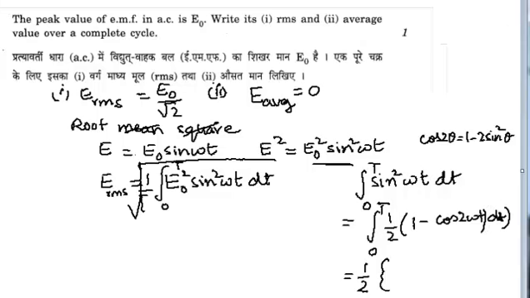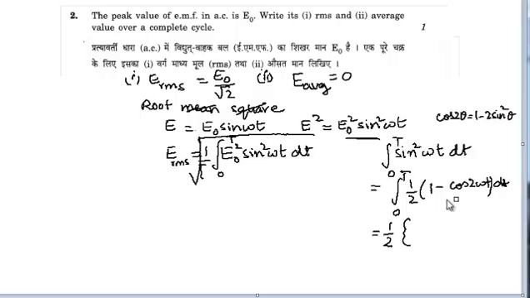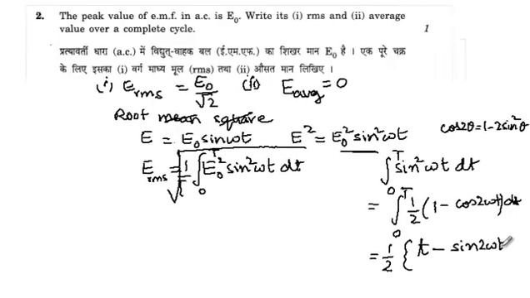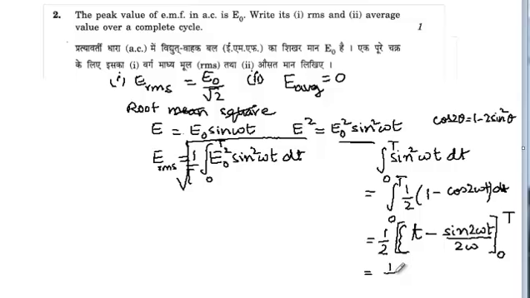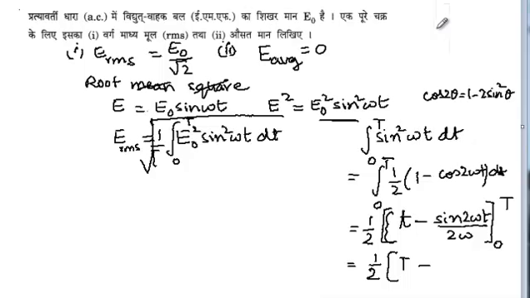Now integral of 1 dt would be t, and then substituting the limits, so we have t minus integration of cos 2 omega t, which will be sine 2 omega t by 2 omega, and then we substitute the limits in this from 0 to T. So substituting the limits over here gives us half t minus, now this is sine 2 omega, and when you substitute the upper limit you have omega T.